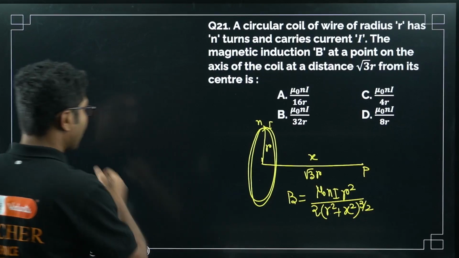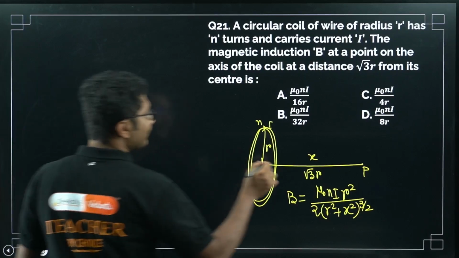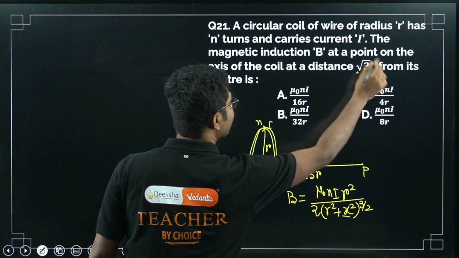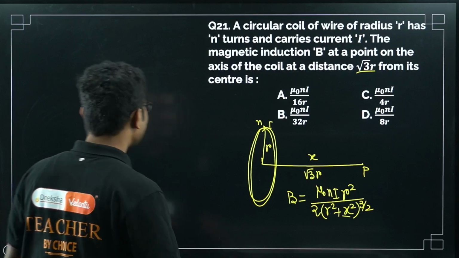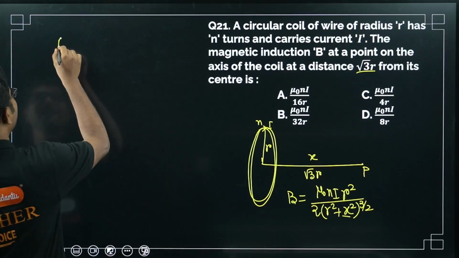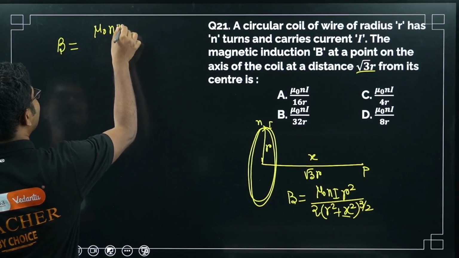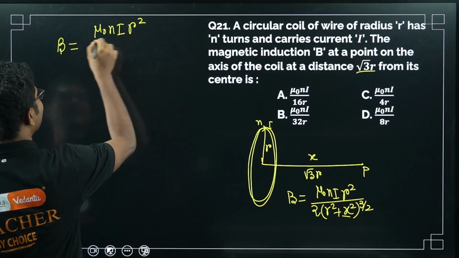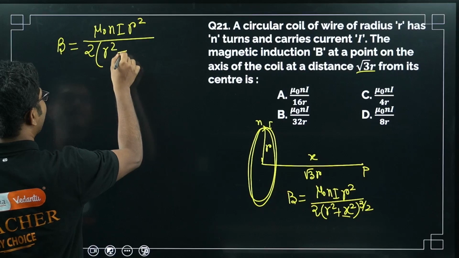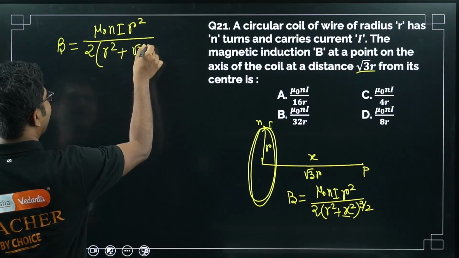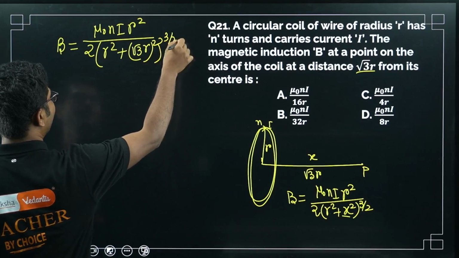Okay, so now let's start with the values. Let's insert x equals root 3r. If you insert the value of root 3r and then simplify, you can get the answer. So what is the value of B at this distance? mu naught Ni r square divided by 2 times (r square plus root 3r whole square) to the power 3 by 2.